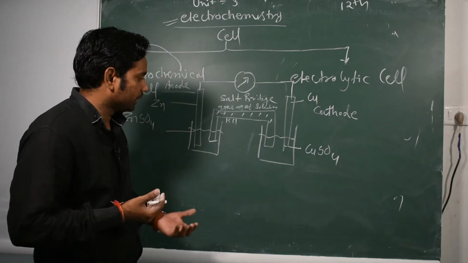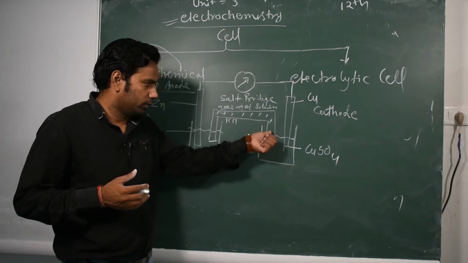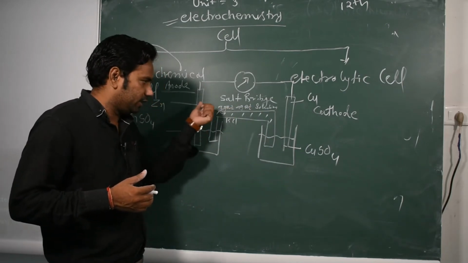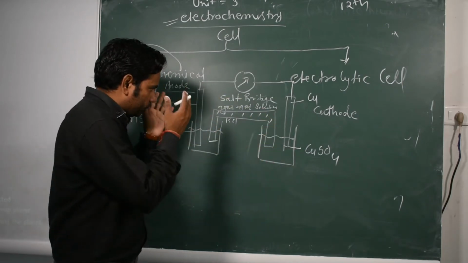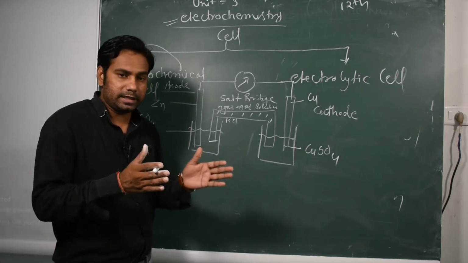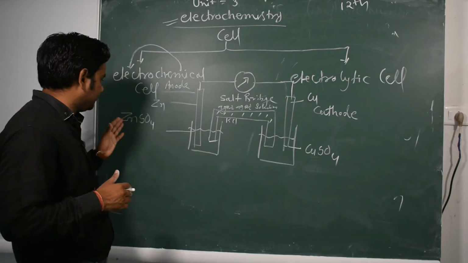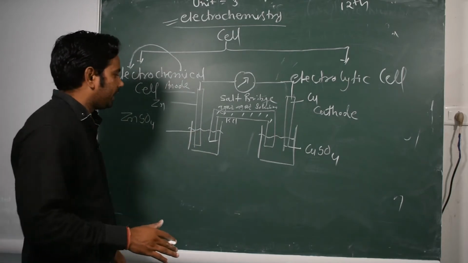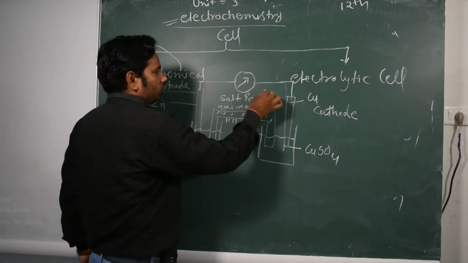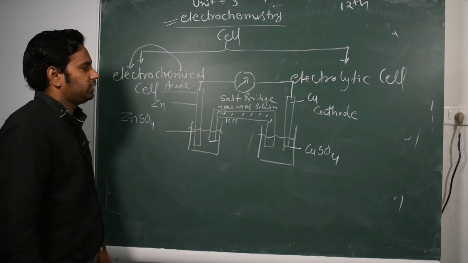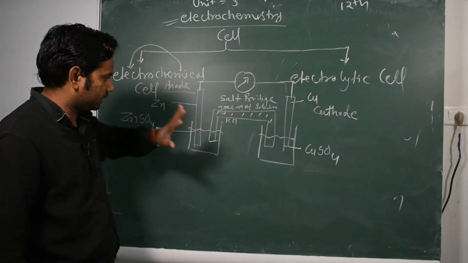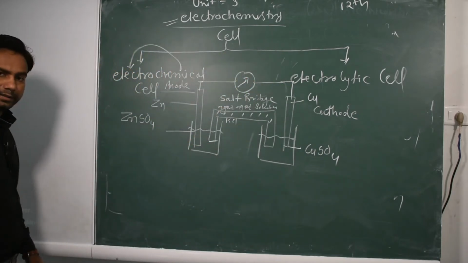Neutrality means the solutions do not move from one side to the other. So the salt bridge maintains neutrality between the copper sulfate and zinc sulfate solutions. This is the construction of the cell.